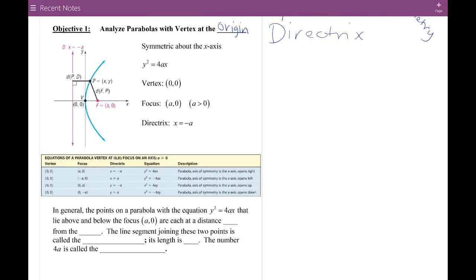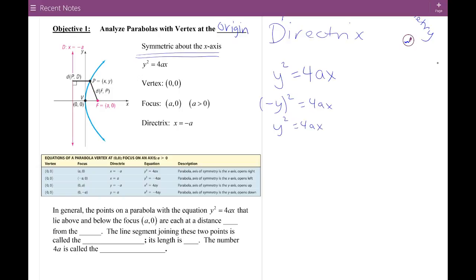Okay, so there are two kinds of parabolas that are geometric objects, the open up-down type and the open right-left type. You're more familiar with the open up-down type, so I'm actually going to start with the less familiar type, the open right-left type. They're symmetric about the x-axis. Can you see why, if you look at this equation in terms of symmetry, if you put negative y in for y, you get the same thing back?